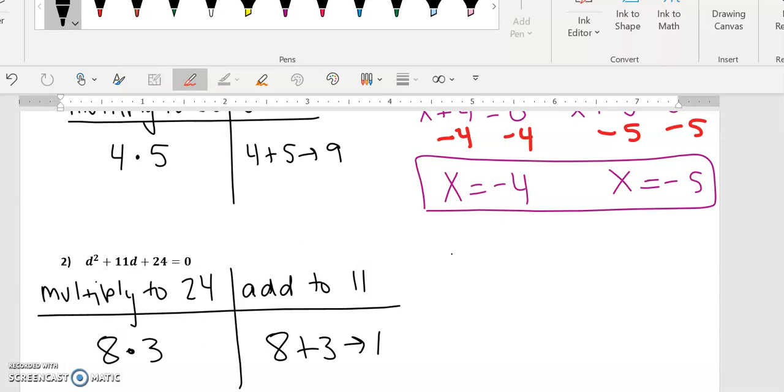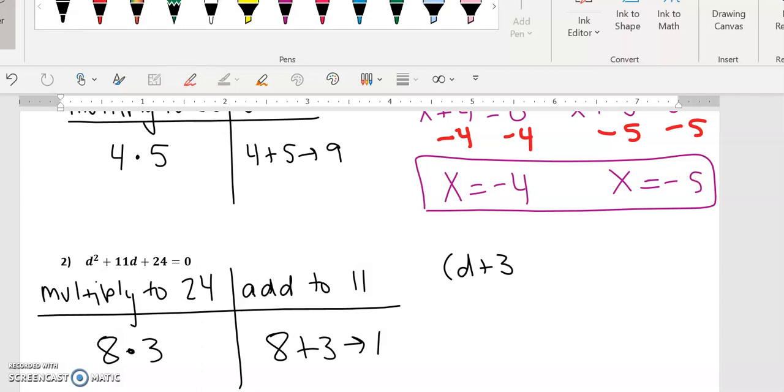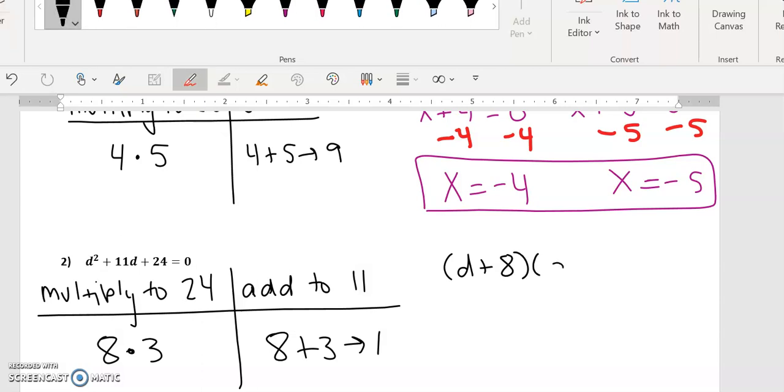We're going to write this in factored form. (d + 8)(d + 3) = 0. So that's the factored form.